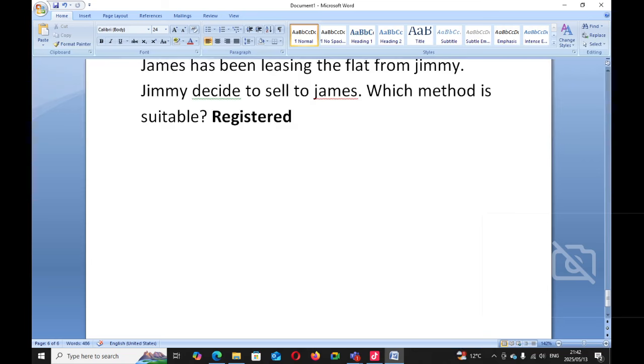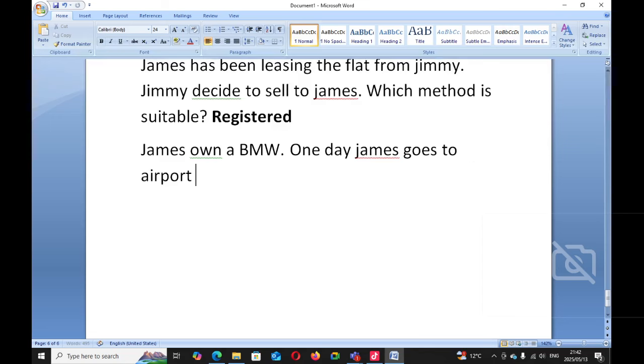Now, I want to test you with this one. Let's just say James owns a BMW. One day, James goes to the airport because James wants to go abroad.